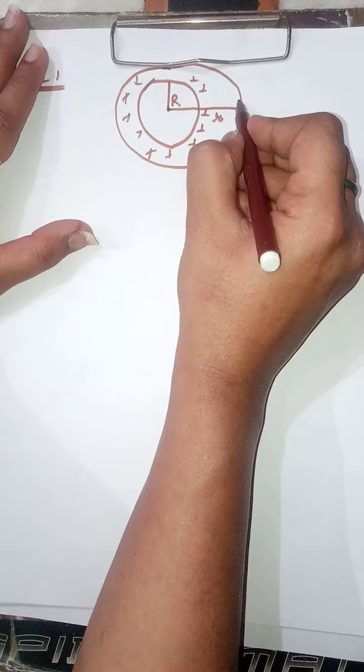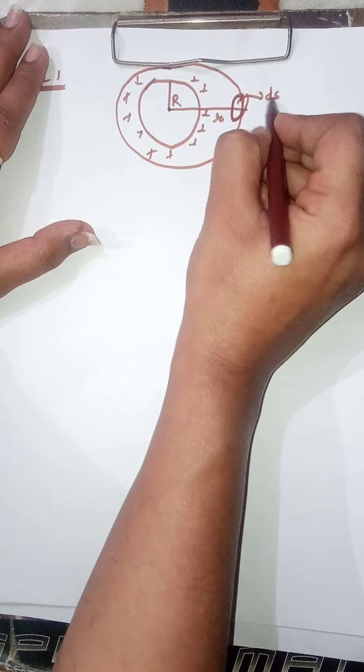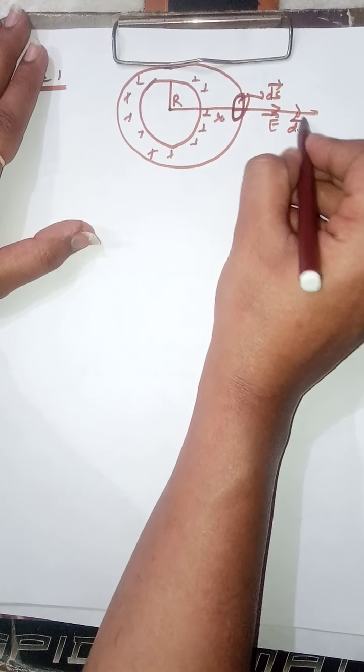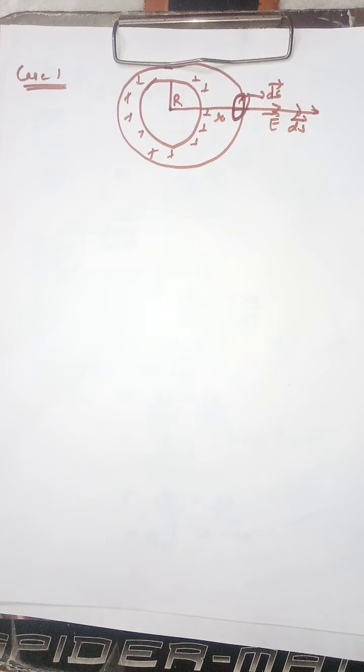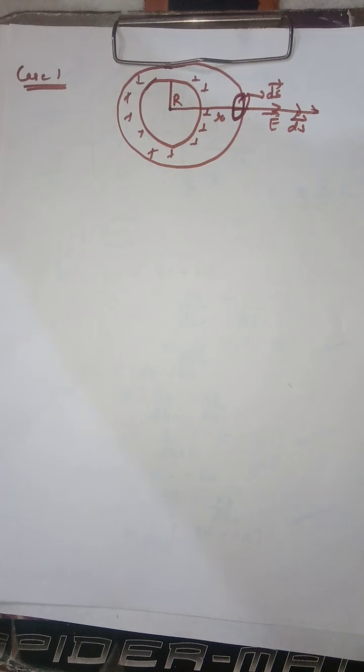Consider a surface element ds. This is the direction of electric field and this is the direction of surface element.